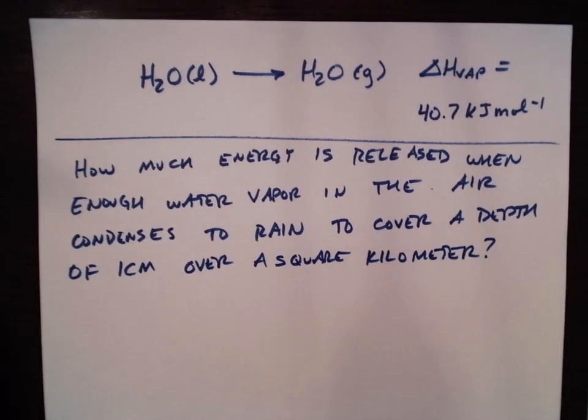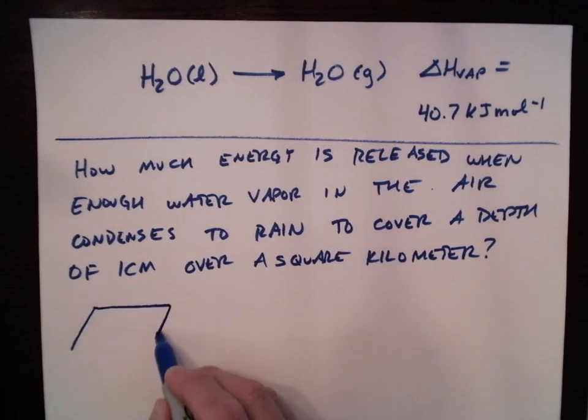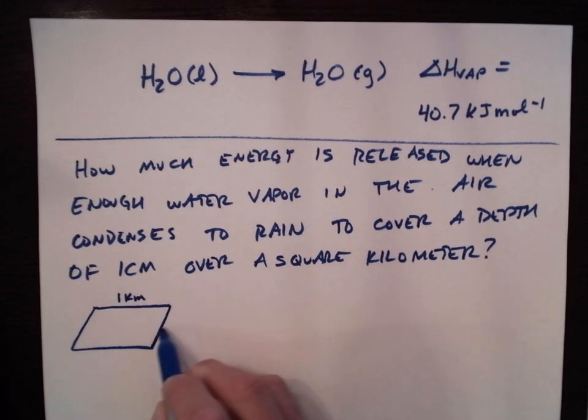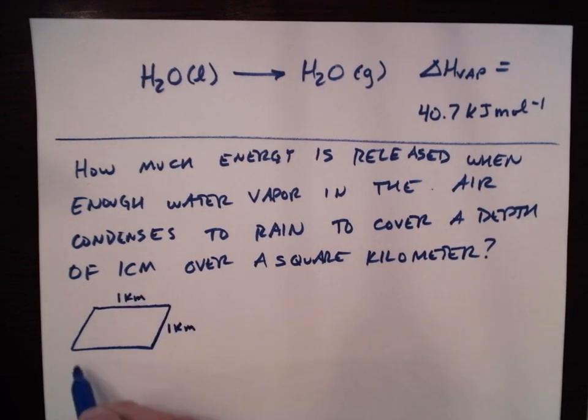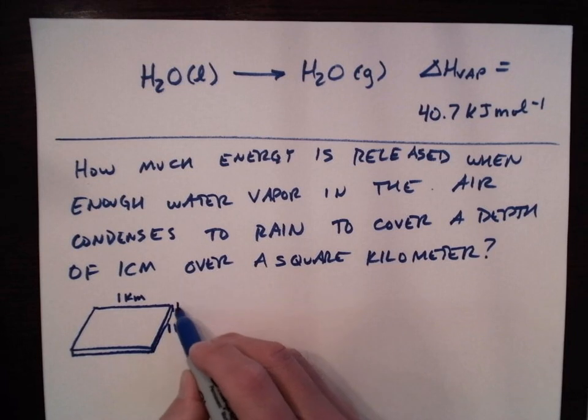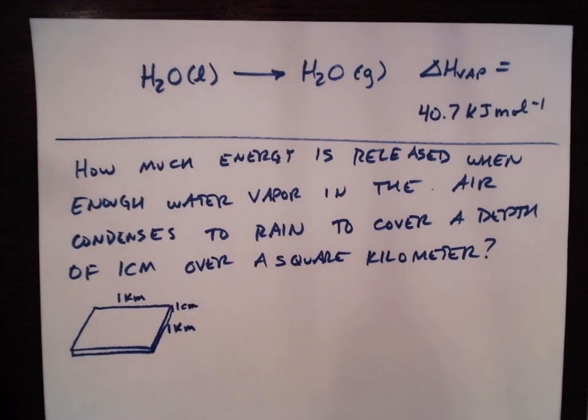So to attack this problem, we're first going to need to know how much water is going to be in this volume. So we're going to imagine a square kilometer, 1 kilometer on each side, and then the depth of that kilometer is going to be 1 centimeter. Of course, this is not to scale.